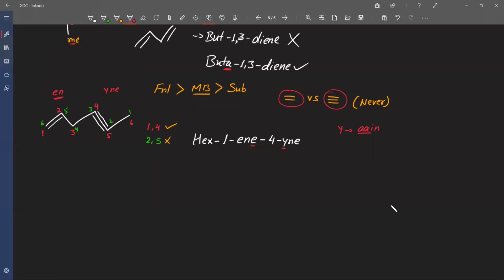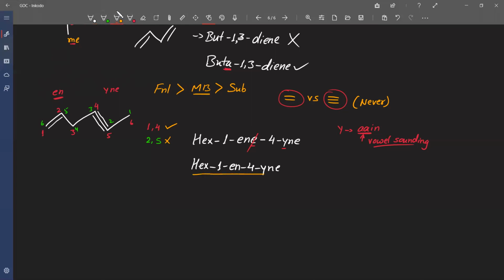So this is vowel sounding, and that's when you will have to remove the first one, the E. So the correct name here will be hex-1-en-4-yne, 'hexenyne'.